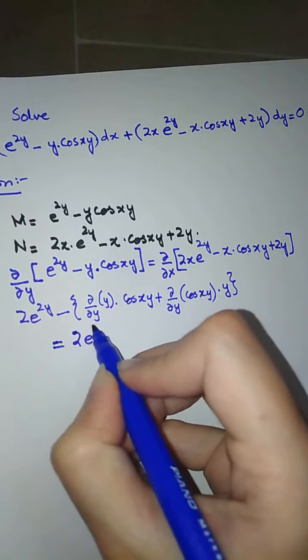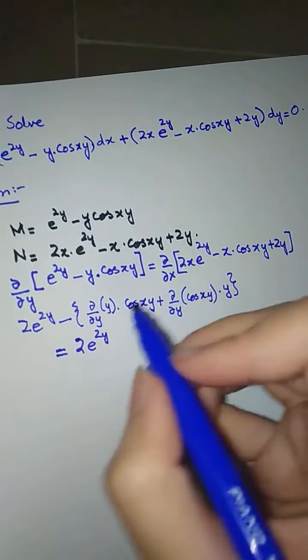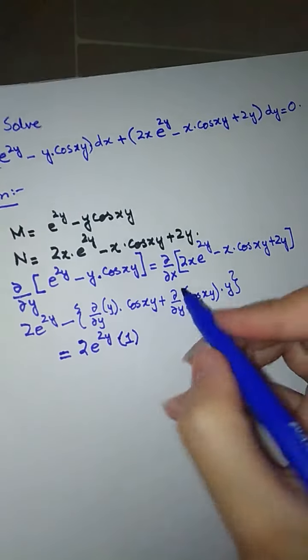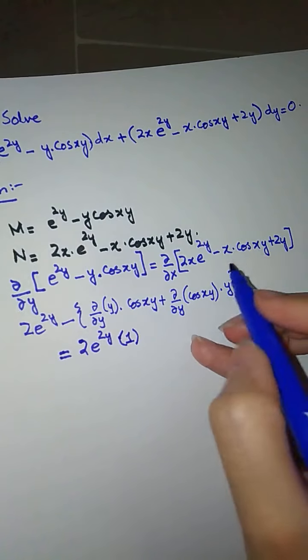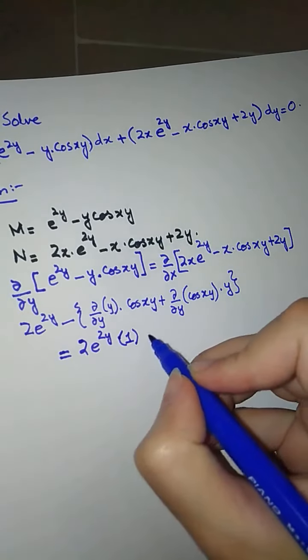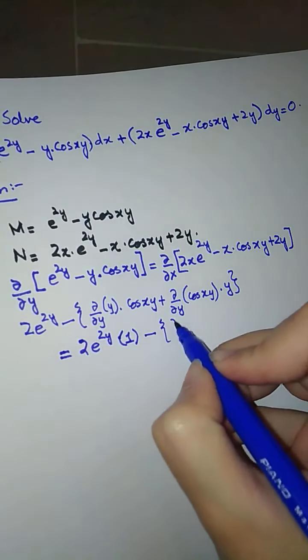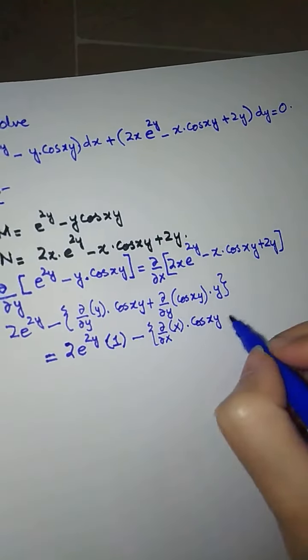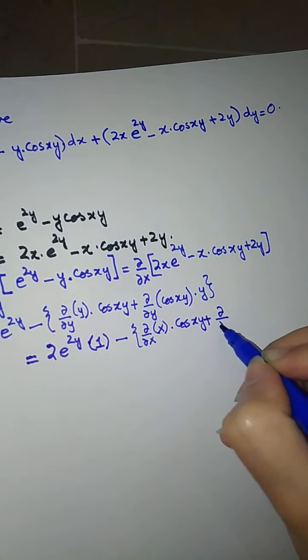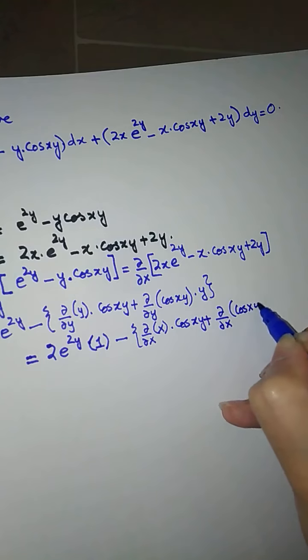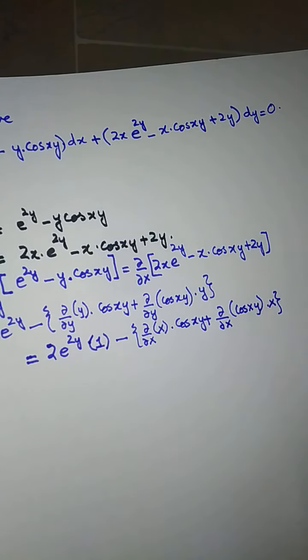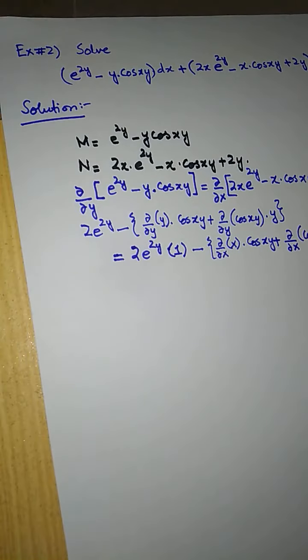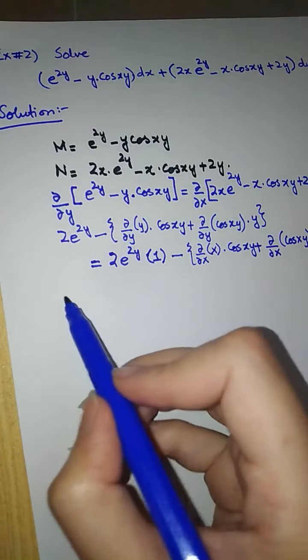So 2 and e^(2y) are constants, and the partial derivative of x is 1. Then for the product of two functions that contain x, I again apply the product rule: the derivative of the first function times the second, plus the derivative of the second function times the first. Then 2y is a constant with respect to x, so its derivative is 0.